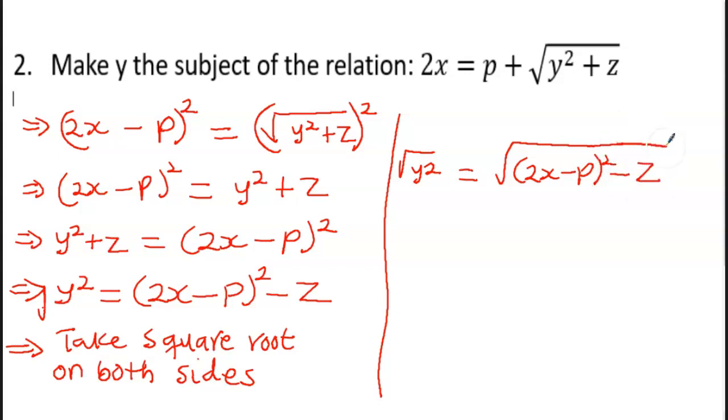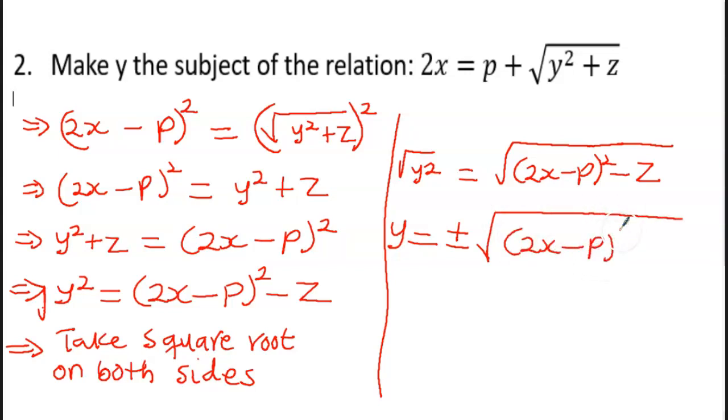Remember, the square root covers the y is equal to, I've told you, when it is 2, we are going to have two solutions: plus or minus the square root of this whole expression, x minus p all squared minus z. So that is our answer.